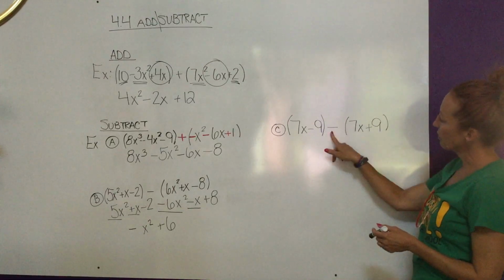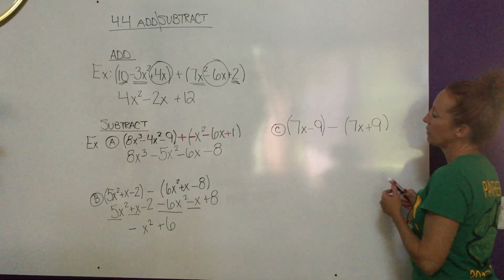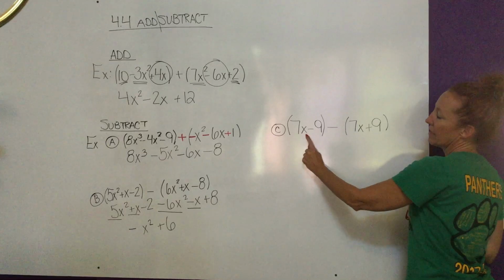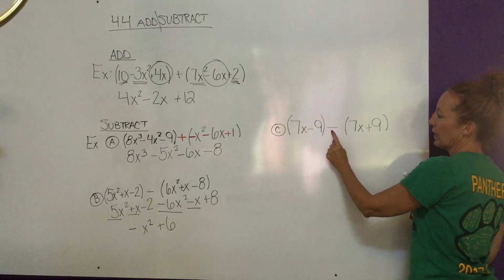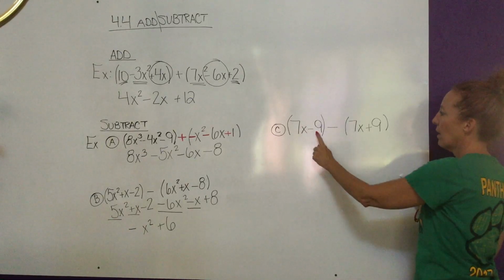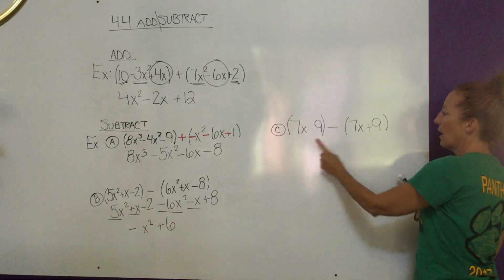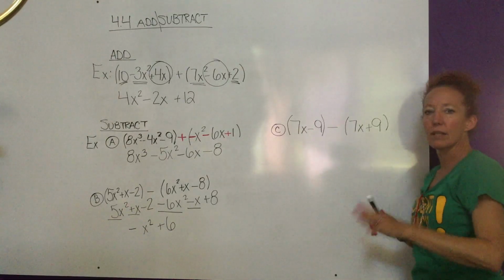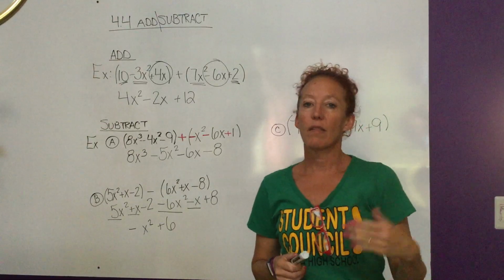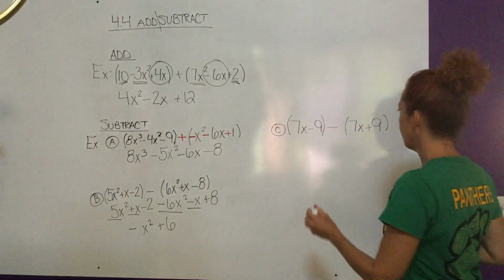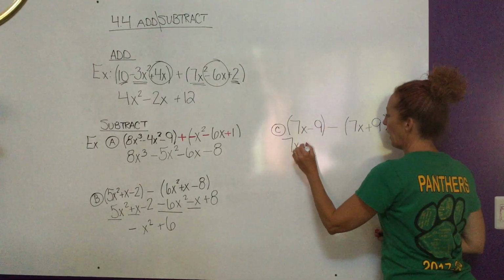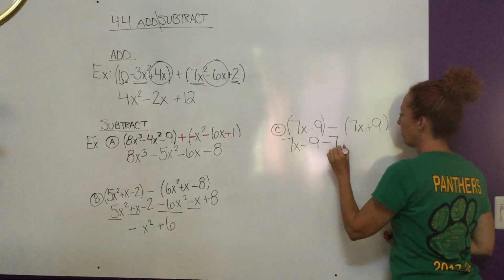All right, sometimes subtract can be a little tricky because watch what happens. You're like, oh, that's 7x and that's 7x and we're going to subtract, and so that's 0, and I've got a 9 and a 9, and I see a couple subtracts, and so you might assume that that goes to 0 also. So it can trick you.